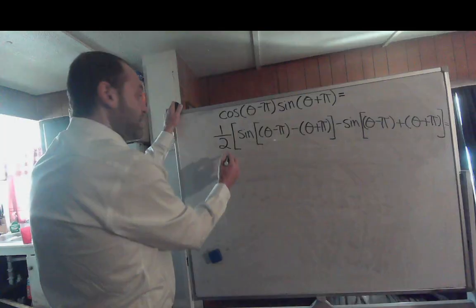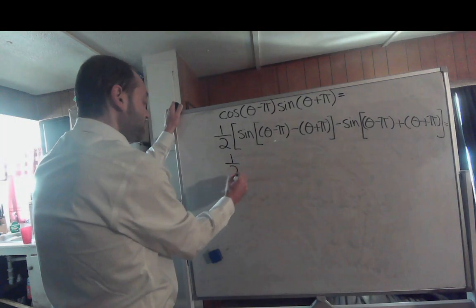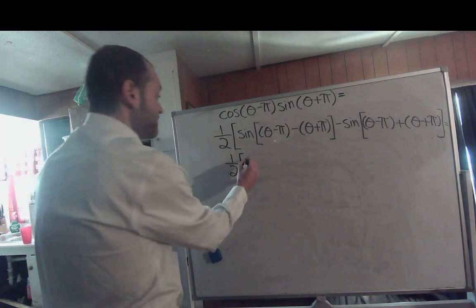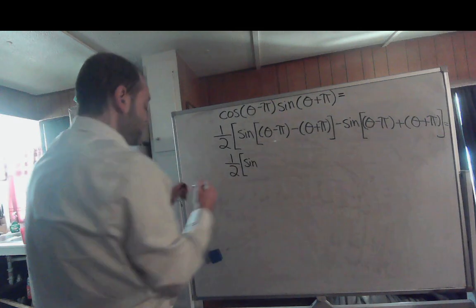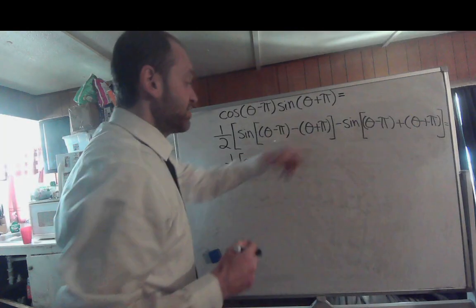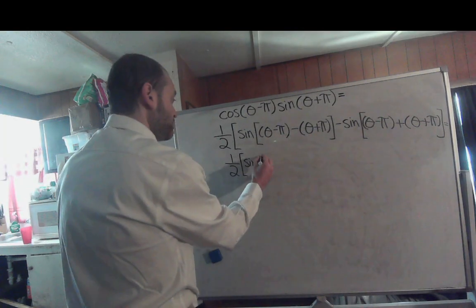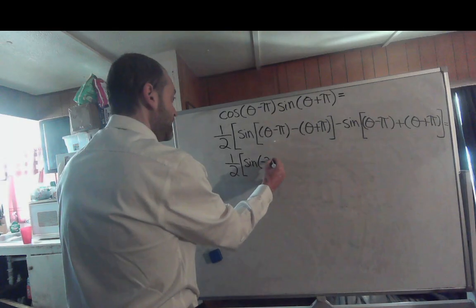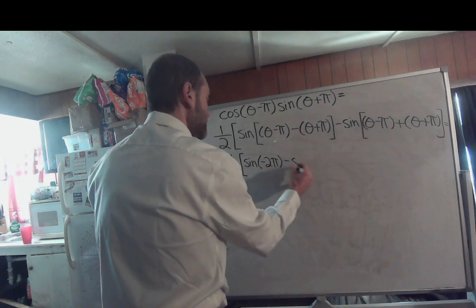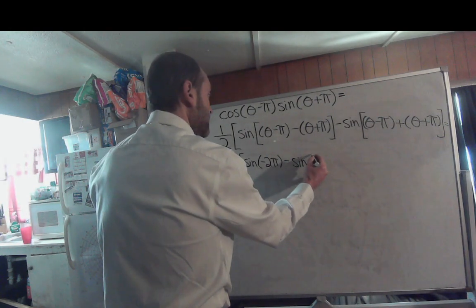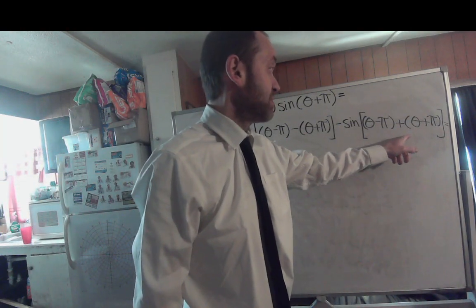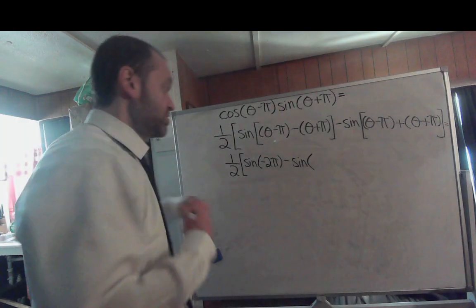Okay, so then we end up getting 1/2 of the quantity of the sine of theta minus pi minus theta plus pi. This would just turn into negative pi minus pi, so this would be the sine of negative 2 pi, minus the sine of theta minus pi plus theta plus pi, the pi's are gone, you just get 2 theta.